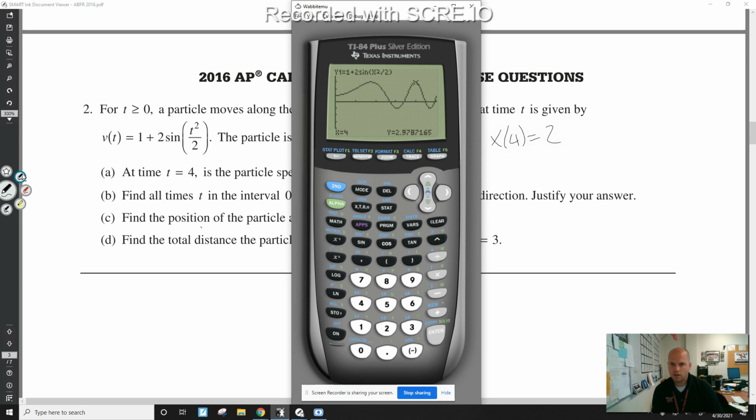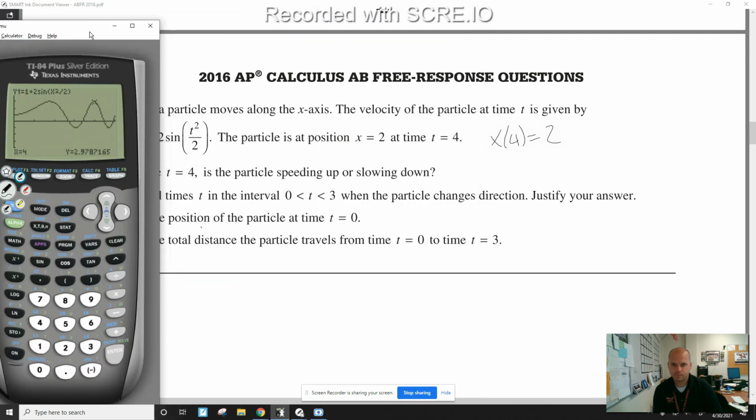So V of 4 is positive. You want to find a derivative, you can go into the home screen or second calc dy/dx at 4. A of 4 is negative. Speed is decreasing. Signs of V and A are opposite.